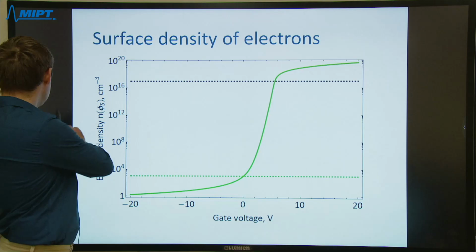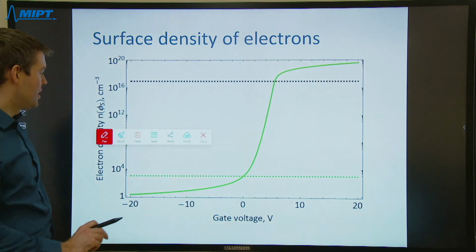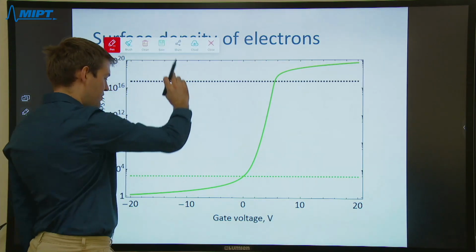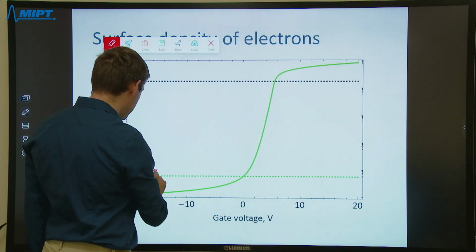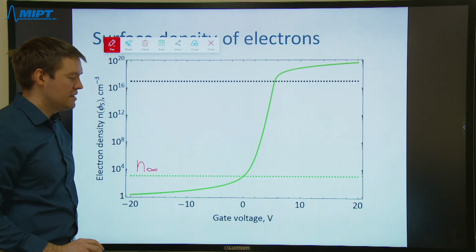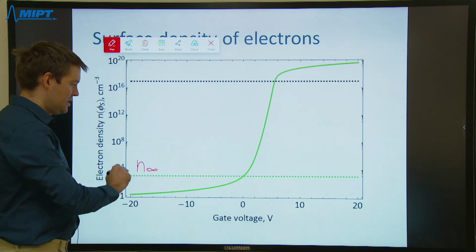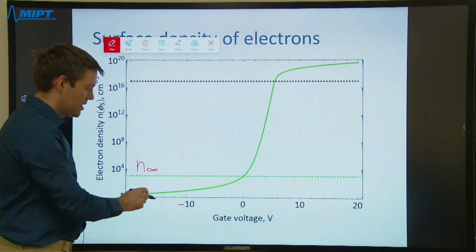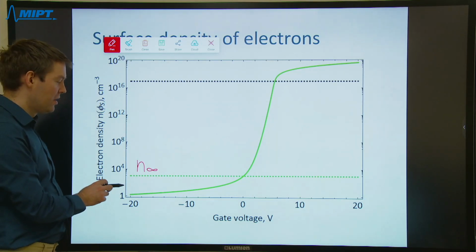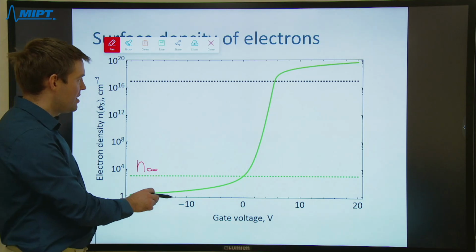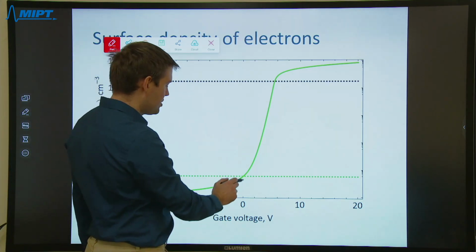Here I have two indicator lines. The green indicator line is the electron density deep in the bulk. It is indeed very small. When we apply negative voltages, we deplete the surface more and more, and when we apply positive voltages, we enrich the surface.